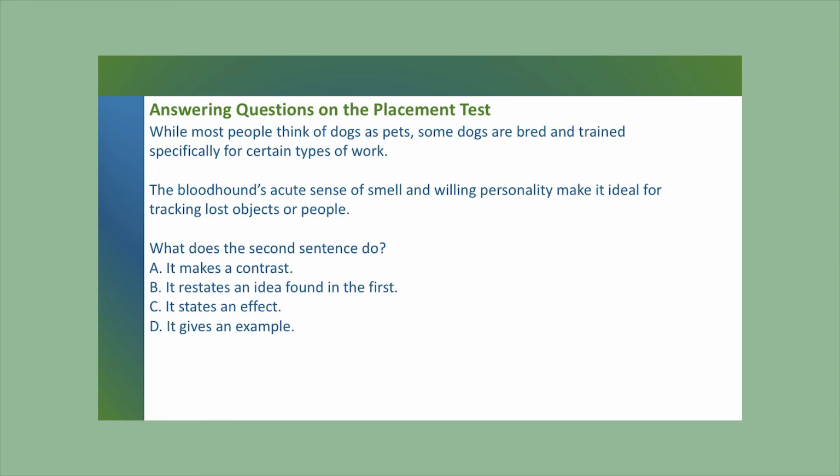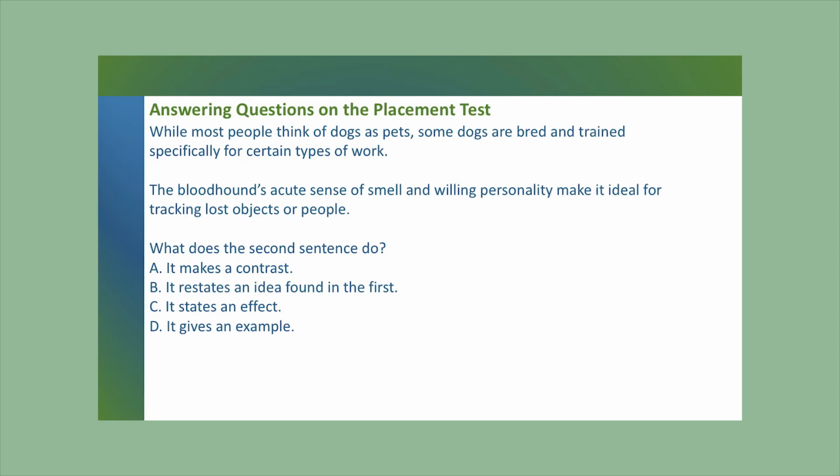Well, make a contrast. Remember a little while ago we talked about the word contrast? That's about differences. These two sentences aren't really different, are they? They're both about dogs. And the second sentence doesn't really contradict anything that came before. What about B?